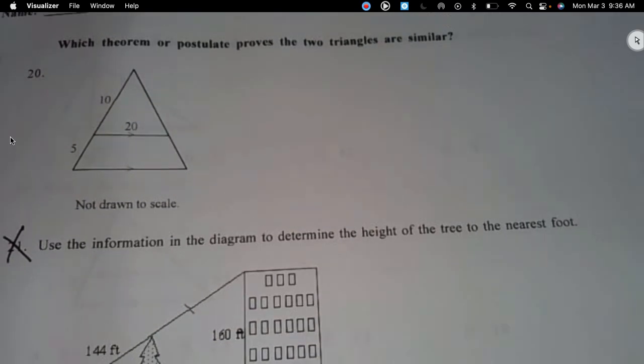All right, it says, what theorem or postulate? Y'all, it's not like a theorem 7.8 or something. It's just, how do you know that the two triangles are similar? So these angles are the same, aren't they? And these angles are the same, I'll just do 2 marks.